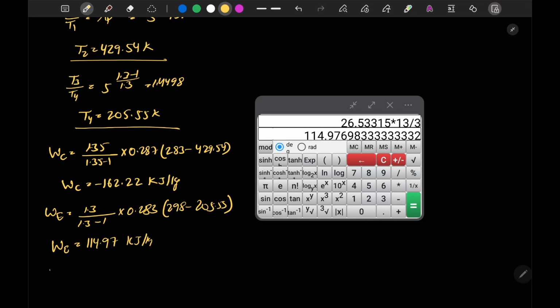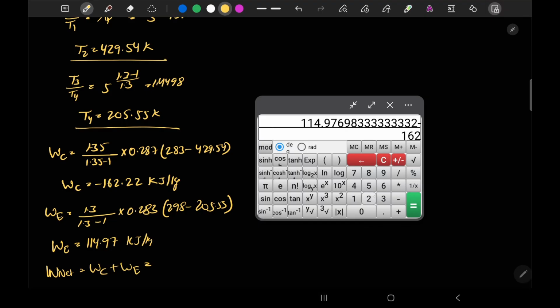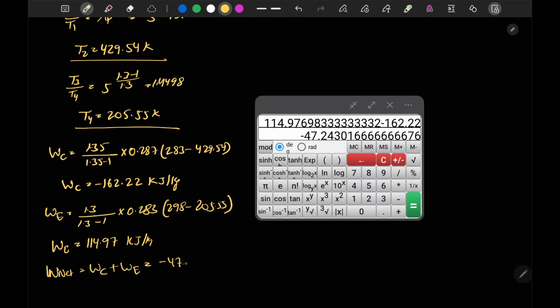If I talk about net work, we can do WC plus WE: 114.97 minus 162.22. This net work done is minus 47.24 kilojoule per kg.